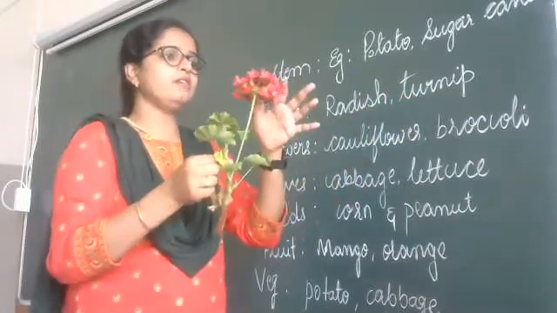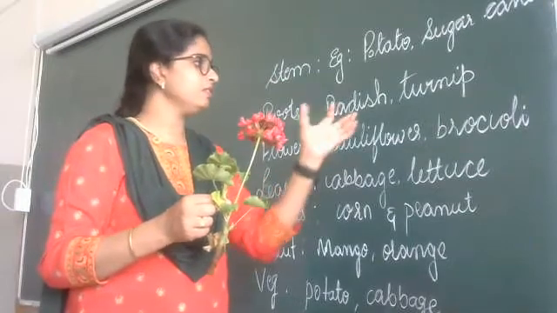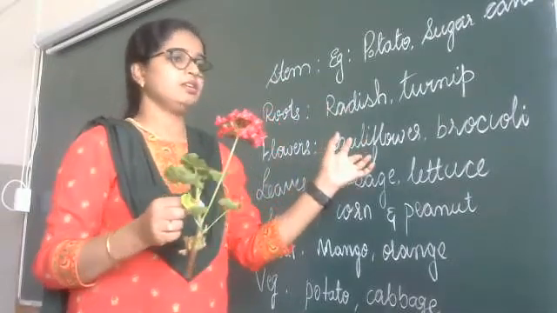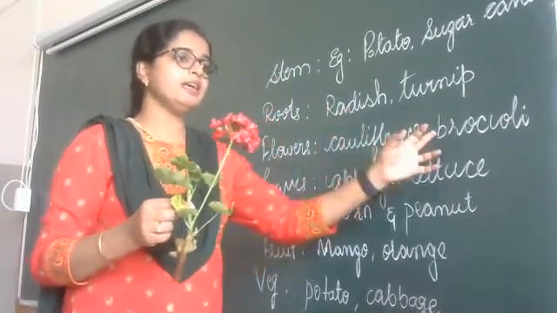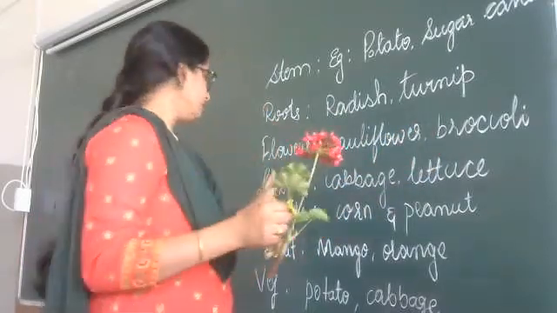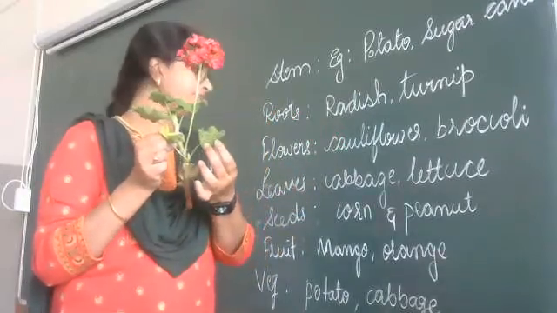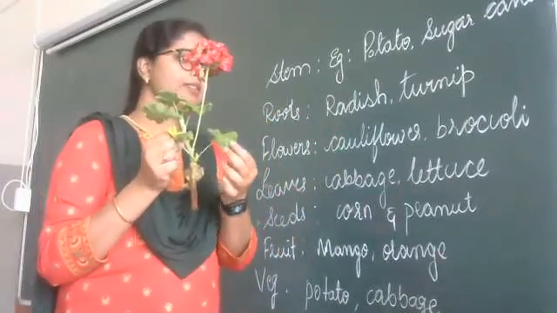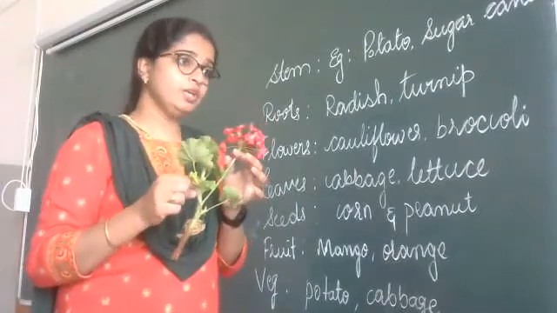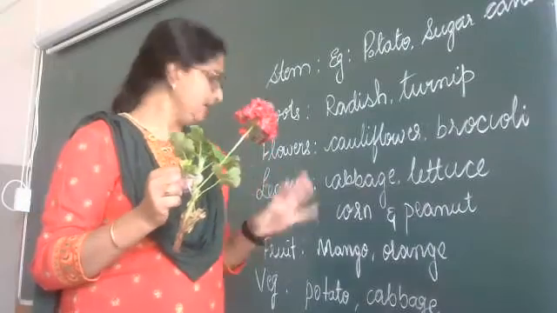Flowers of the plant: cauliflower. Have you seen cauliflower? And broccoli are the flowers of the plant that we also eat. Leaves of the plant: cabbage, lettuce, spinach, fenugreek. There are so many green leaves that we eat.